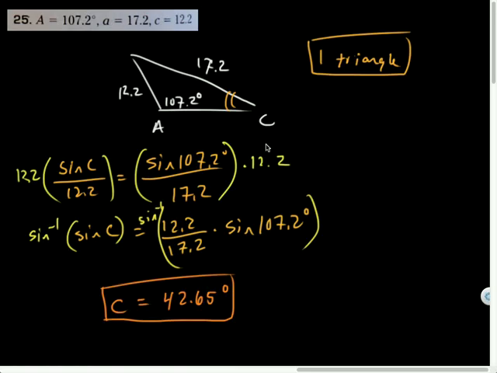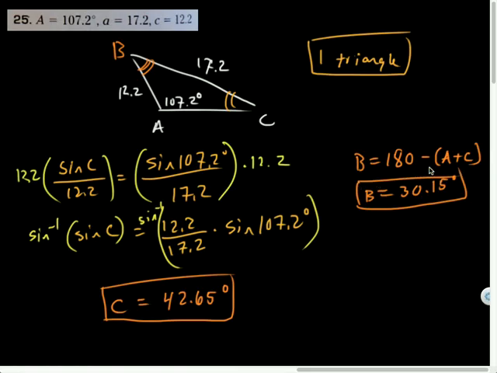So if that's angle C, how do I find angle B, my unlabeled angle? Yeah, 180 minus A plus C, right? So angle B is going to equal 180 minus parentheses, second answer, plus 107.2, close parentheses, and I'd get B is equal to 30.15 degrees.